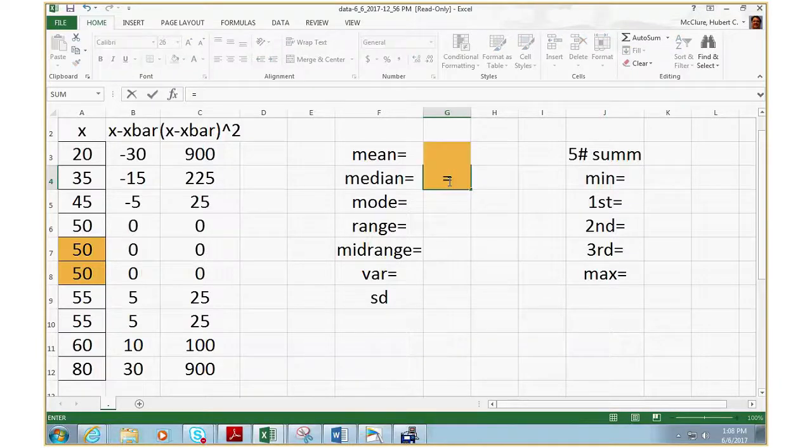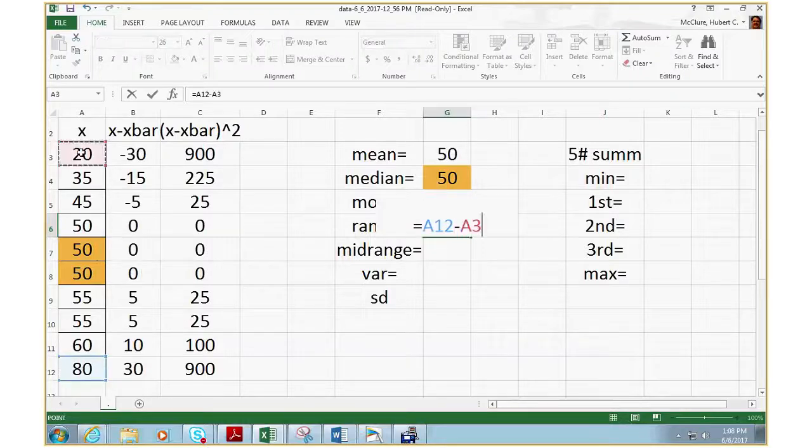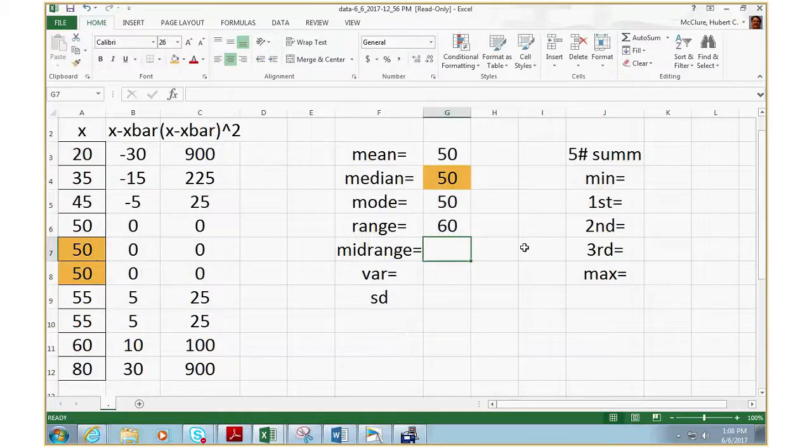And of course, we know that the average of 50 and 50 is 50, but you have to go through and actually do it. You have to go through the math and do it. And 50 shows up the most. What's the range? Equal to the highest minus the what? Lowest.